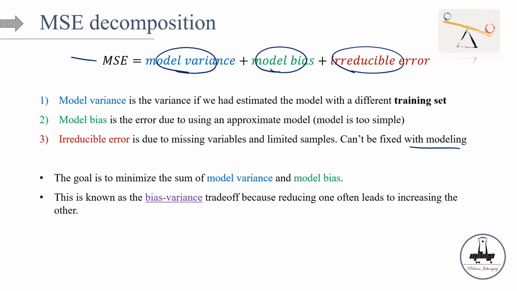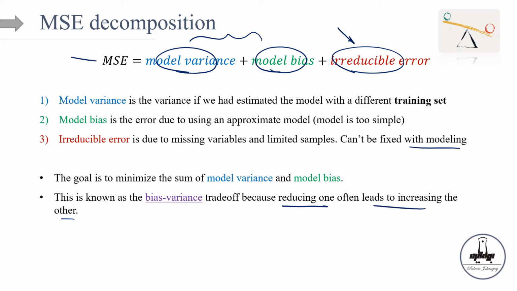So the goal is to minimize the sum of model variance and model bias. So the goal is to minimize the combination of the two, okay? Because remember, the irreducible part cannot be fixed with modeling. So we want to make sure that the combination of model variance and model bias is the smallest. This concept is known as the bias variance trade-off, because reducing one will lead to increasing the other one, right?